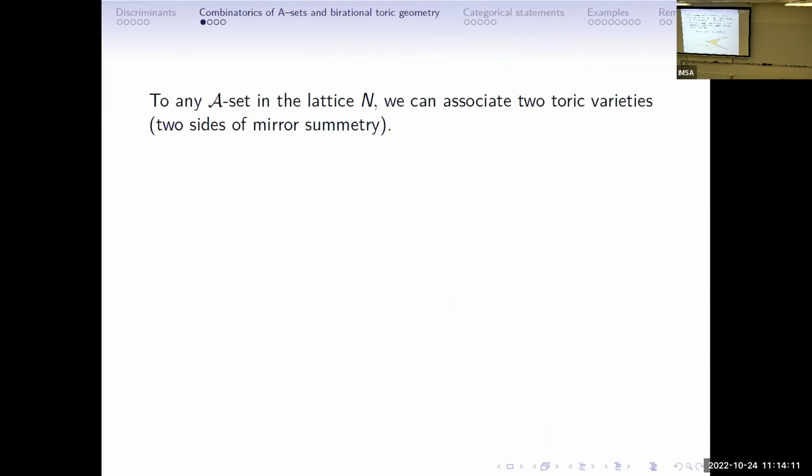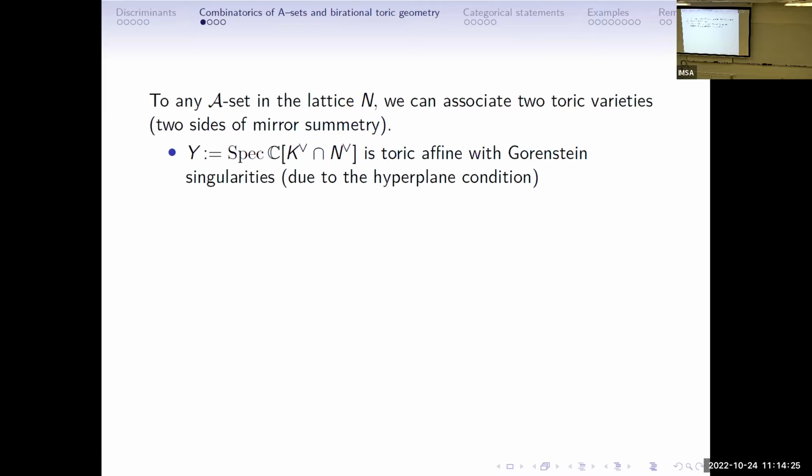Now, going to geometry, to any such set we can associate two toric varieties. In fact, they're the two sides of mirror symmetry. One of them is, for those familiar with toric geometry, a classical notion.